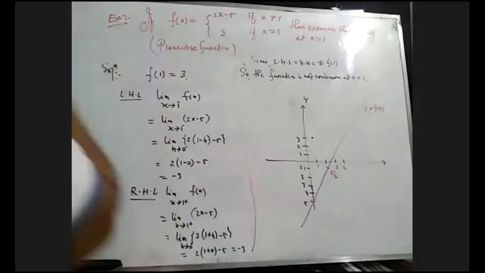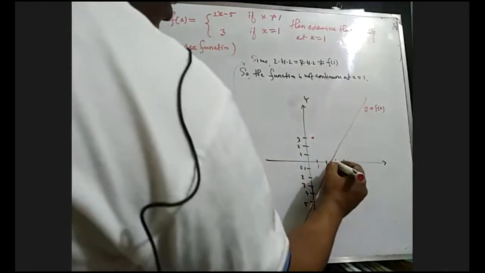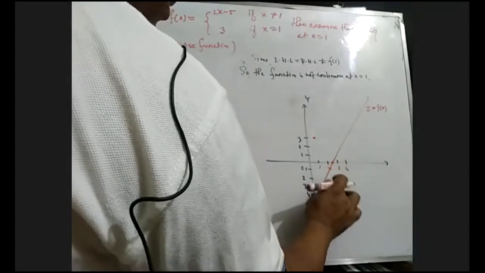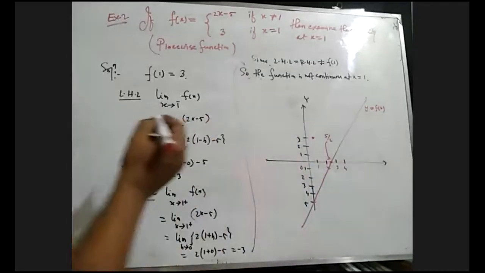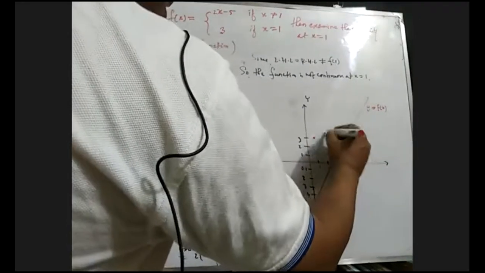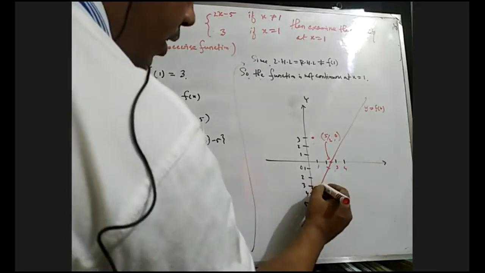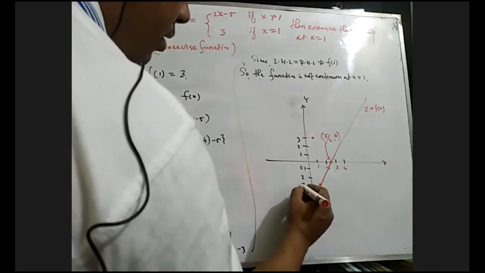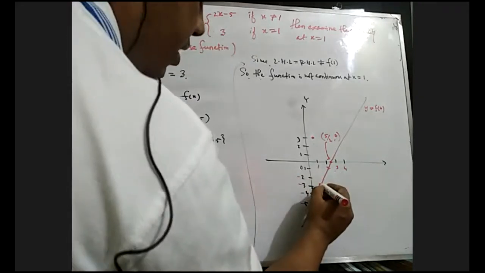If y equals 0, then x equals 5 by 2, so this is the point 5 by 2 comma 0. So we got the limit here actually, with minus 2, minus 3, minus 4, minus 5 on the axis.